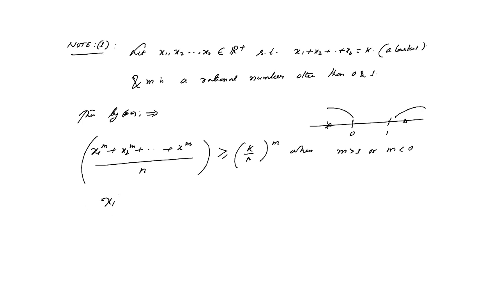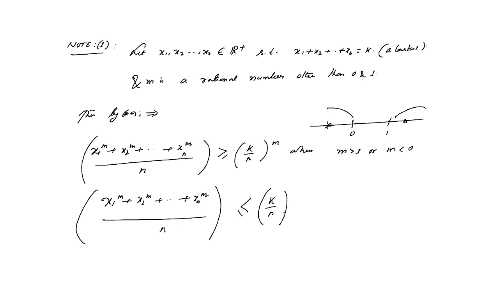And also we can write (x1 to the power m plus x2 to the power m plus ... xn to the power m) by n is less than or equal to (k by n) whole to the power m when 0 less than m less than 1. That means m is between 0 and 1.